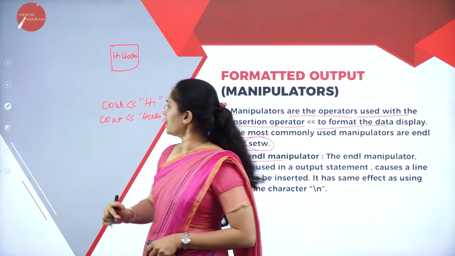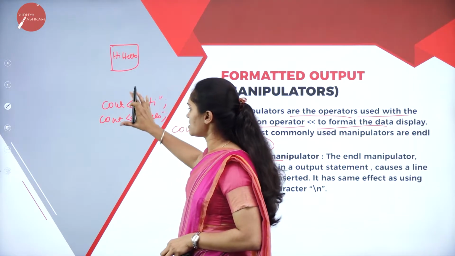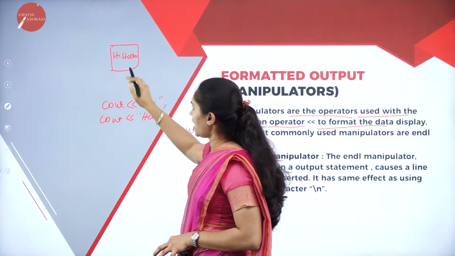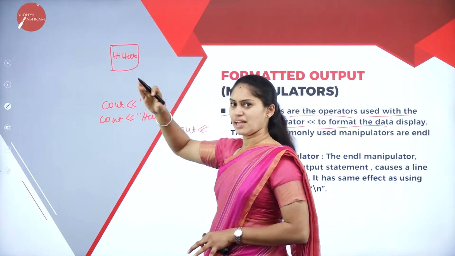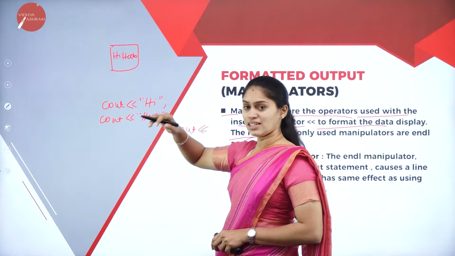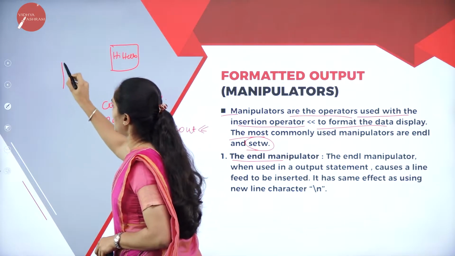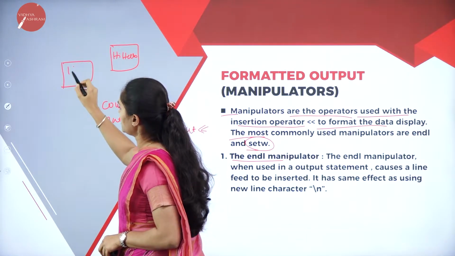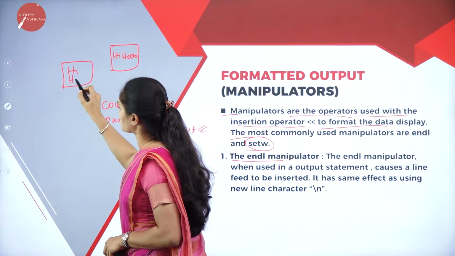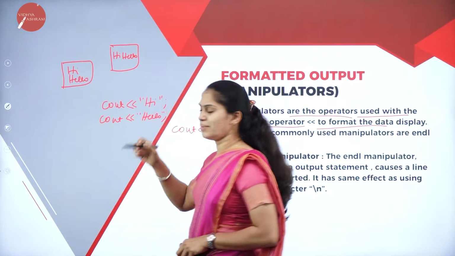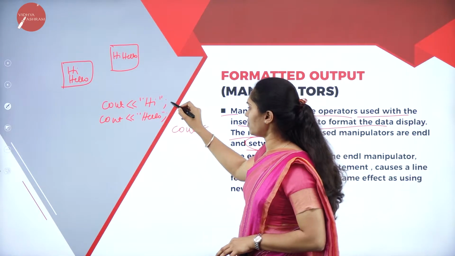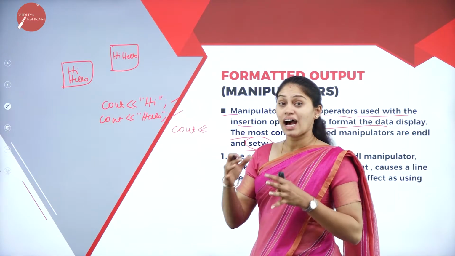Here I have hi and hello as my cout statements. I want hi to be in the first line and hello to be in the next line. Let me write the output, hi and hello. I want the output to be like this, so hi must be in one line and hello in another line.